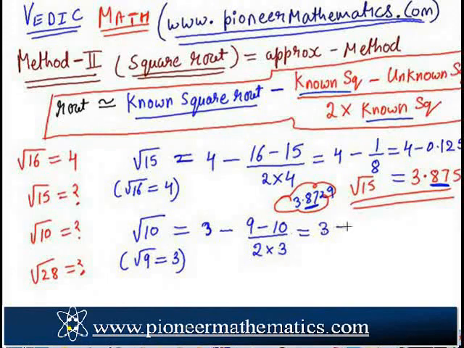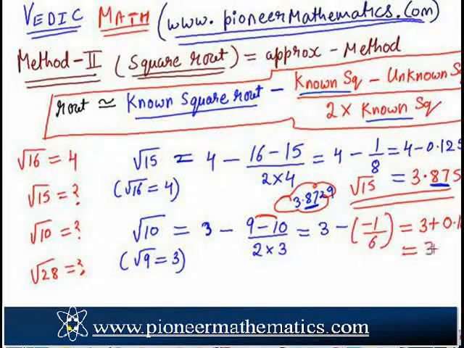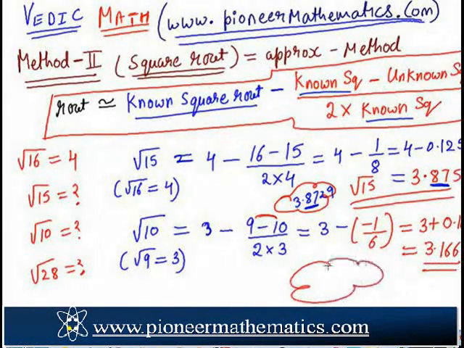See this, 3 minus, very carefully, 9 minus 10 gives us minus 1 upon 6. It comes out to be 3 plus 0.166, dividing 1 by 6. So the answer is 3.166. And if we find this by calculator, the calculator gives us 3.162. Again, an approximation of 2 digits approximately.